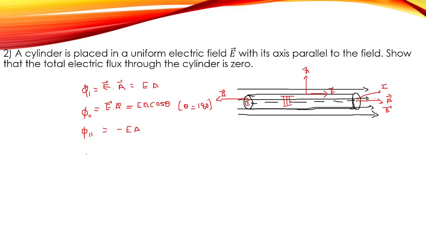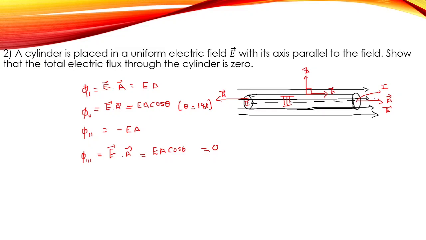So our electric flux at the third surface is E dot A, that is equal to EA cos theta, and what is theta here? It is 90 degrees. So we write EA cos 90, and cos 90 is 0. So the electric flux due to our third surface becomes 0.